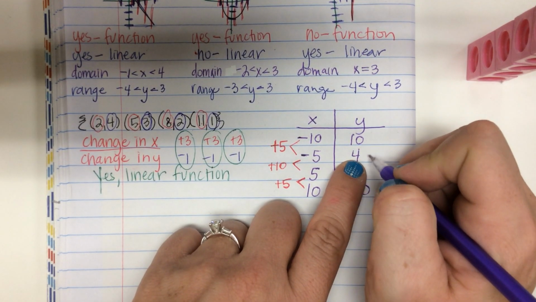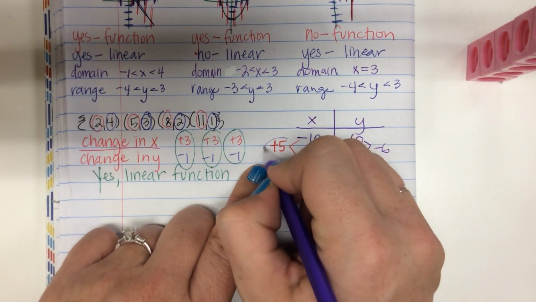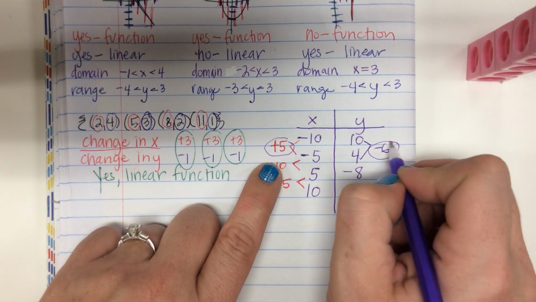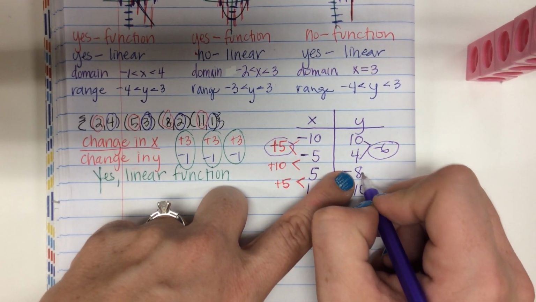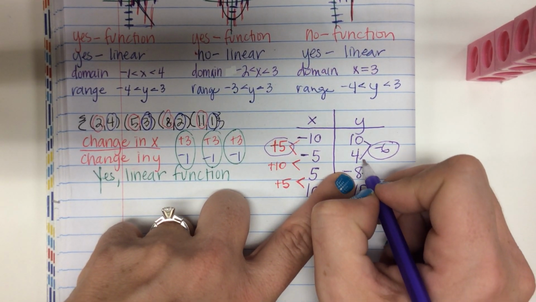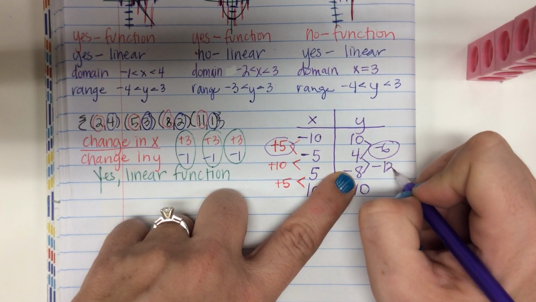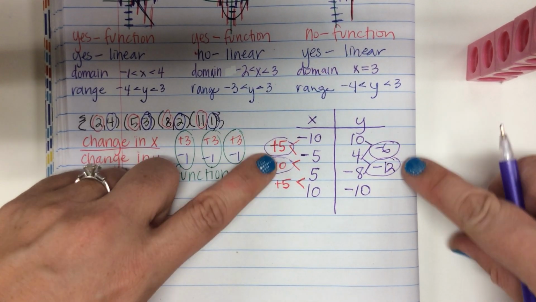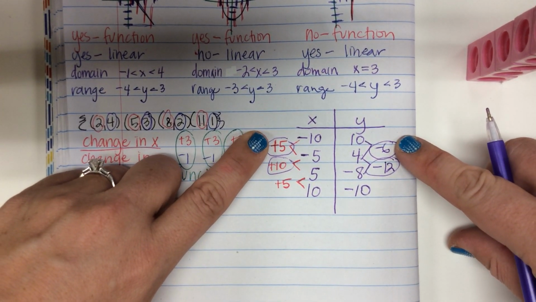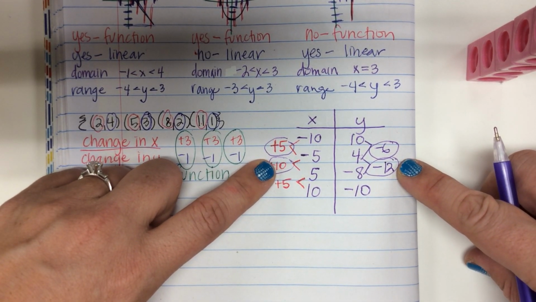What happens from 10 to 4? -6. So my fraction is 5 and -6. What happens from 4 to negative 8? Minus 12. Are these similar? 5 and negative 6 and 10 and negative 12?